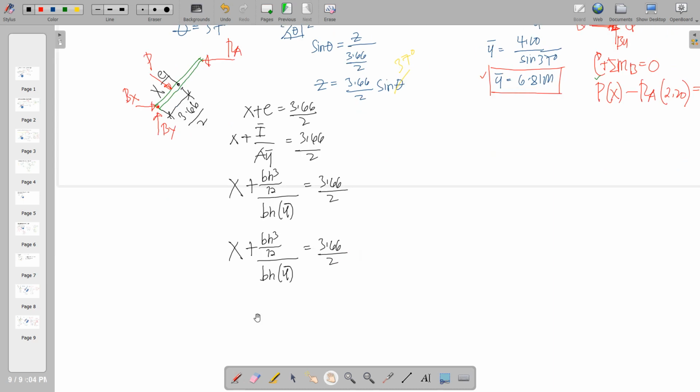Now we simply substitute all of the base and the height there in the Y bar. Base here is 1.2. Height is 3.66 raised to 3. We have here 1.2 times 3.66 times the computed Y bar, which is this one, 6.81.